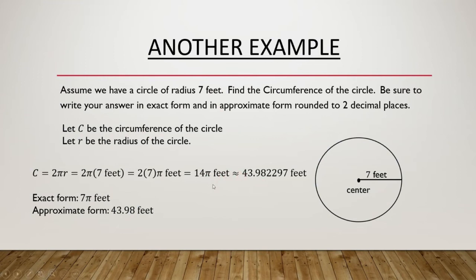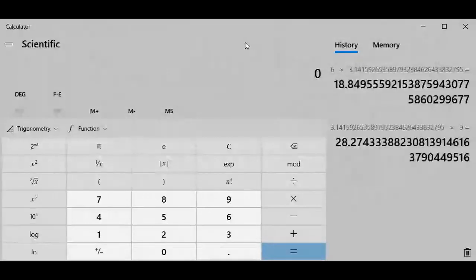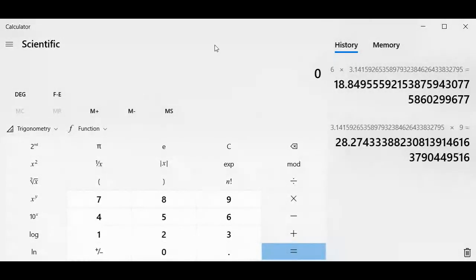Now let me show the calculation in my calculator. Let me just share my calculator. So we have 14 times pi, right? We type 14 times pi.